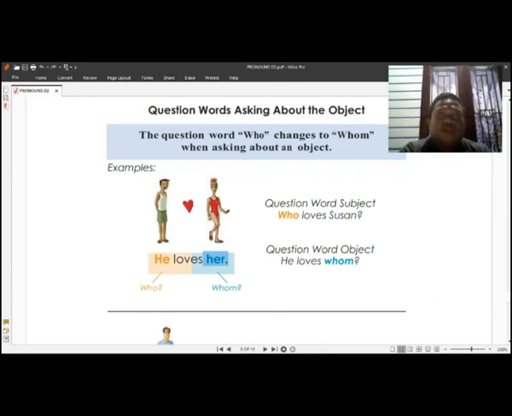Like when the answer is she reads, and then who reads? Who reads a book? If the answer is Susan reads a book, and then the question when we want to know the person who read the book, who reads the book.